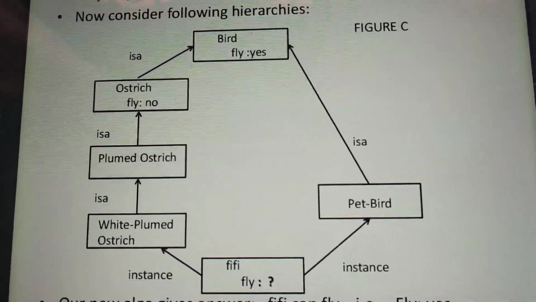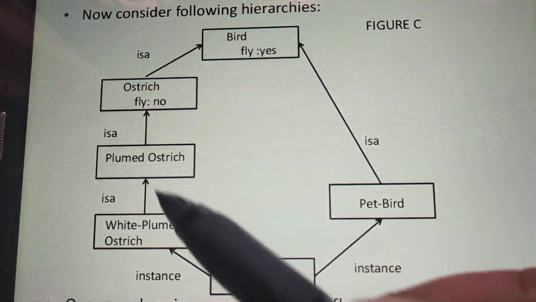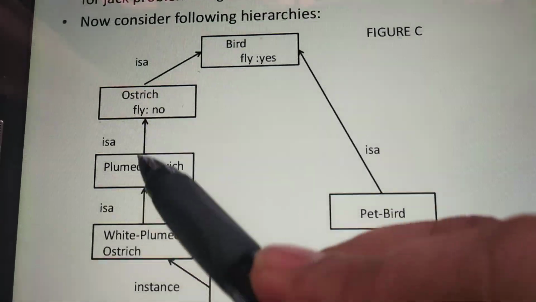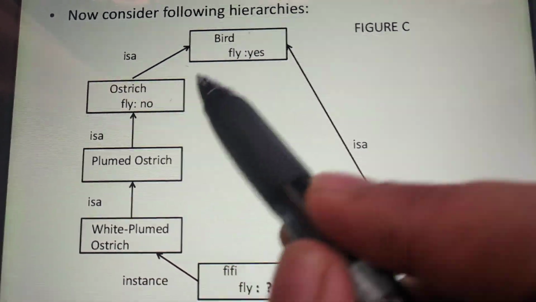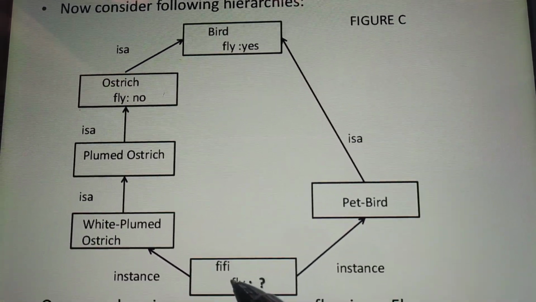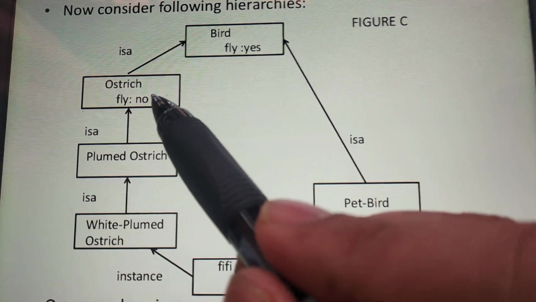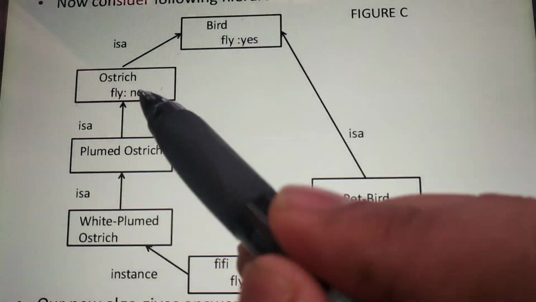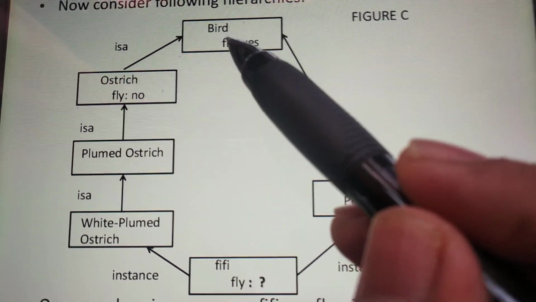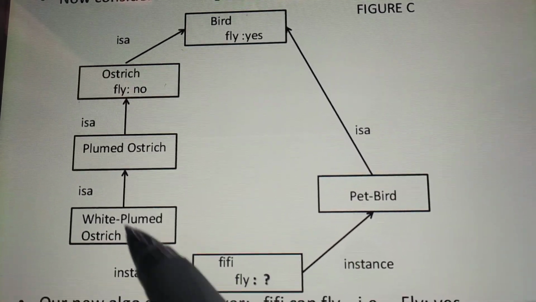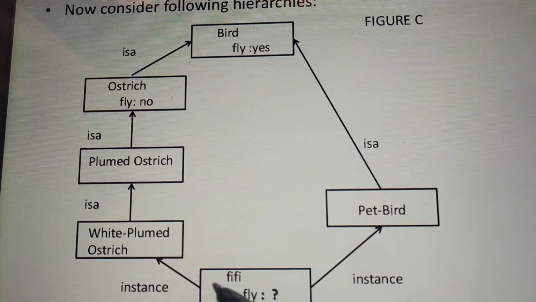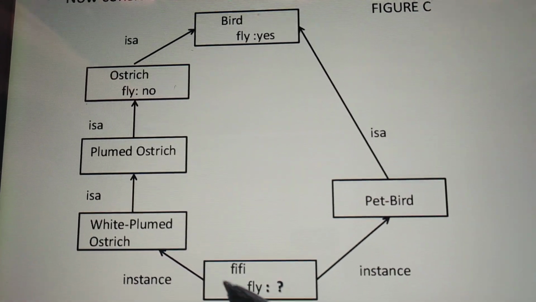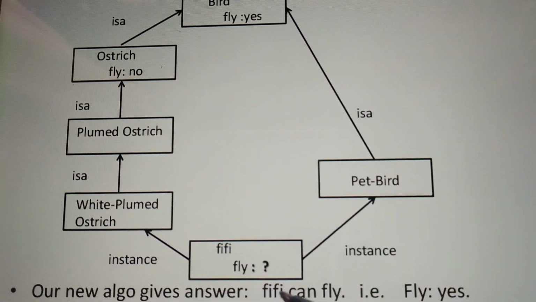But when you consider this side here, Fifi is passing through ostrich class to reach bird. So when you consider the inferential distance from Fifi to ostrich and Fifi to bird, obviously the inferential distance from Fifi to ostrich is lesser than from Fifi to bird, and as a result from this side the answer of fly should be no.